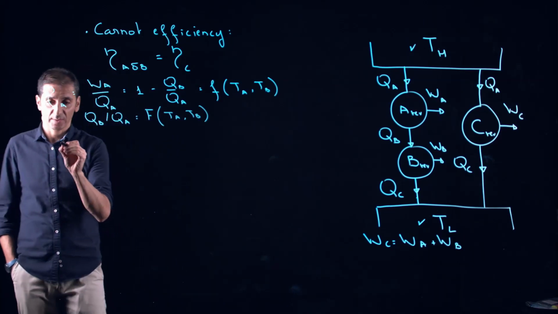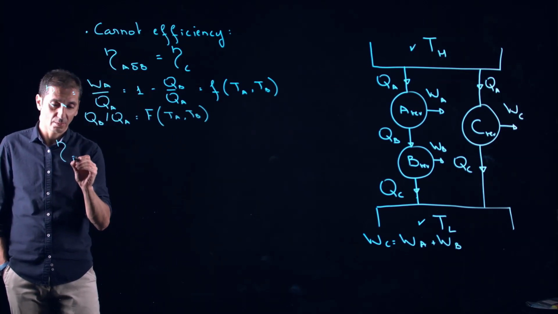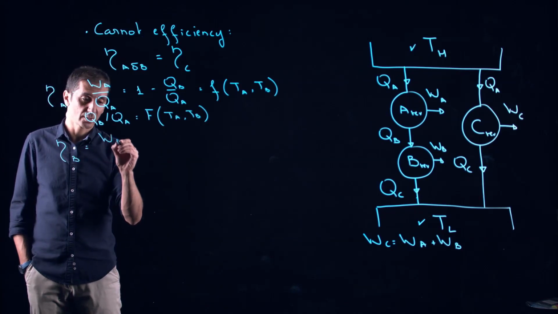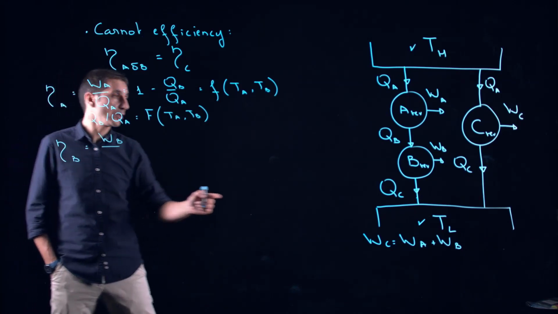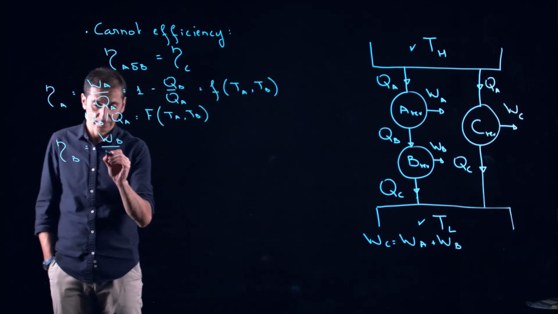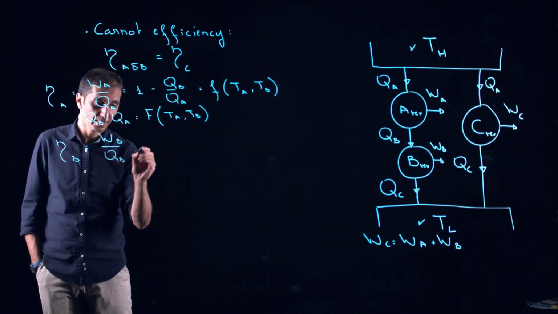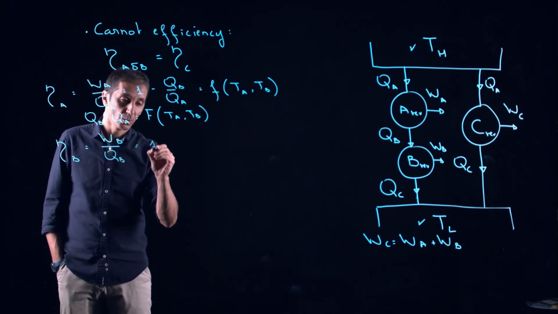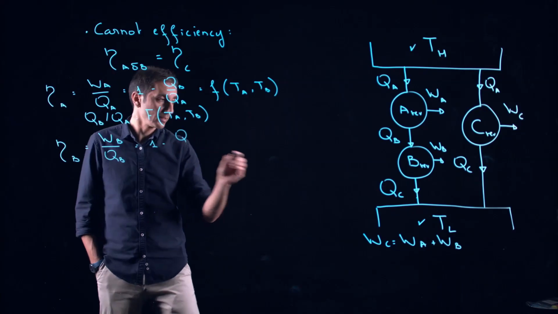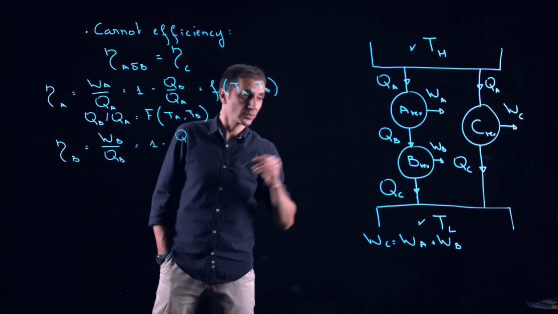We'll be doing the same thing then for B and for C. So the thermal efficiency of the heat engine B is equal to the work B over the heat input here, which is QB, and it's equal to 1 minus QC over QB, since we are rejecting QC and our input is QB.